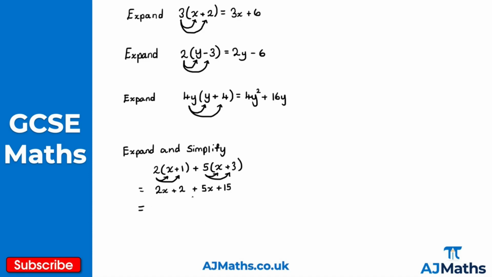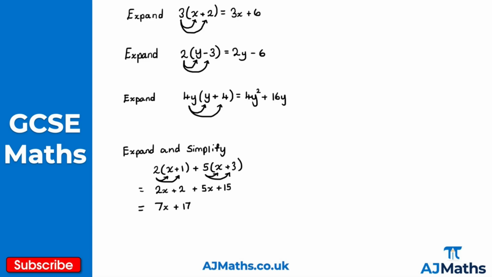So 2x plus 5x, we're just collecting like terms here, that would give us 7x. And then 2 plus 15, and that gives us 17 there. Like you can see, the process of expanding single brackets, hopefully nice and straightforward. Mathematically, all we're doing here basically is multiplication. So that gives our introduction to expanding single brackets.